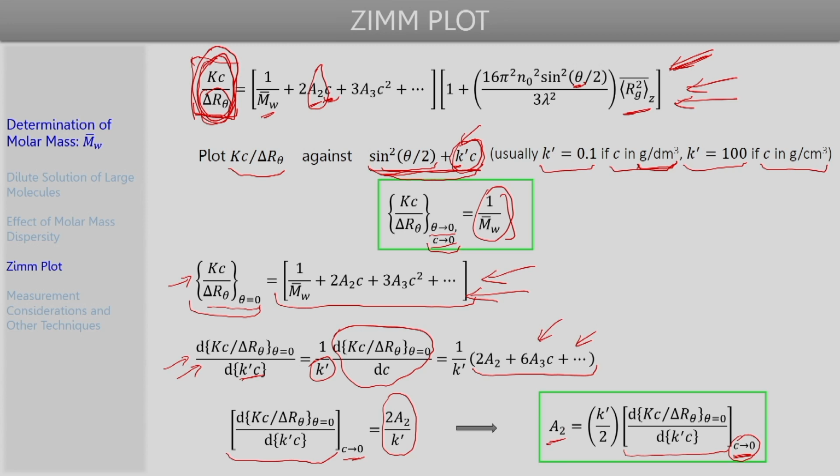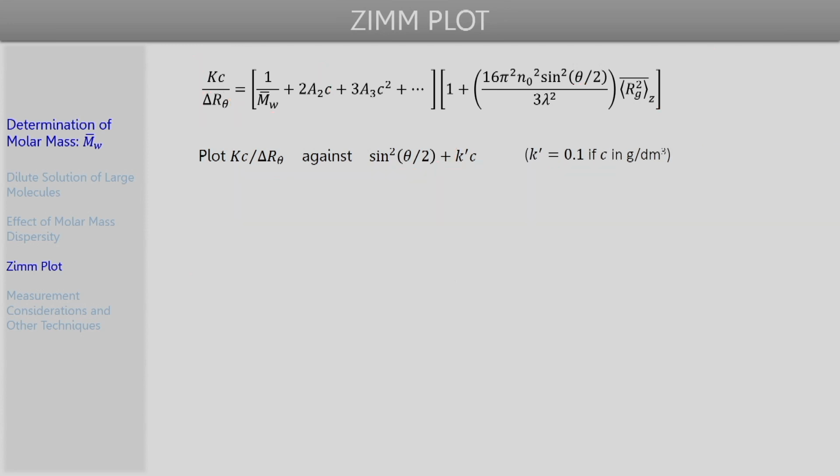Next, let us also discuss how this z average mean square radius of gyration is mathematically obtained, and then we will move on to how graphically we can obtain these quantities. So again, for Zimm plot we construct the plot like this.